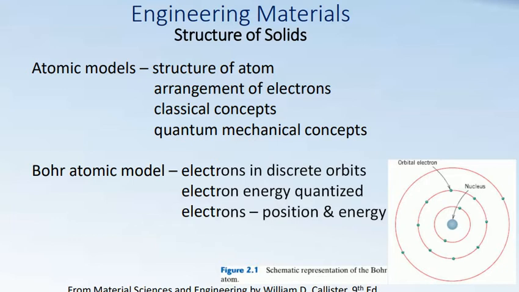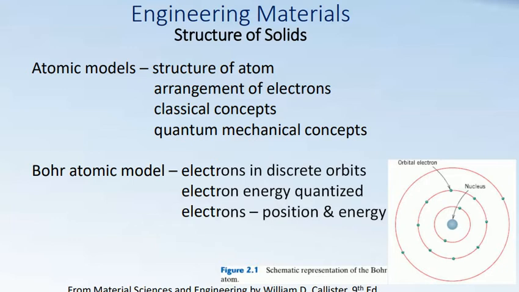The Bohr atomic model took electrons as revolving objects around the atomic nucleus in discrete orbits. The position of an electron in the Bohr model is defined in its particular orbit.